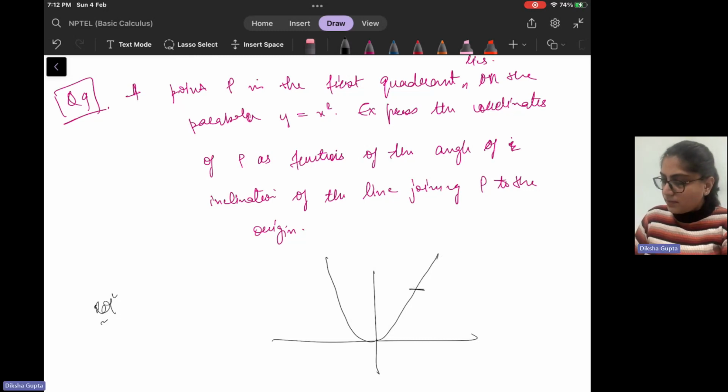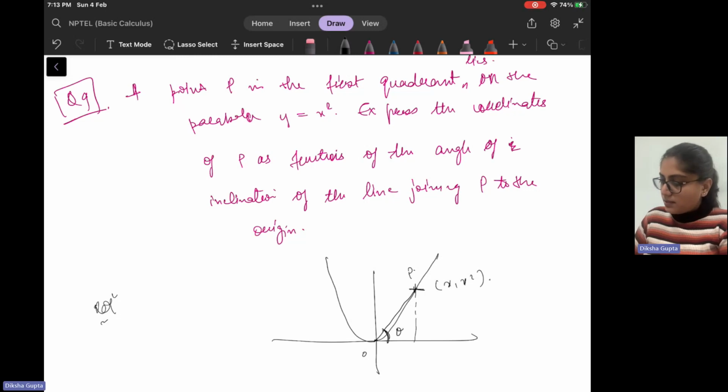Now any point on the parabola will be (x, x square), and this is the point P in the first quadrant. Now the question is you have to express this coordinate in terms of the angle of inclination of the line joining P to the origin. So this is the origin, this is the line joining P, so this is the angle of inclination.